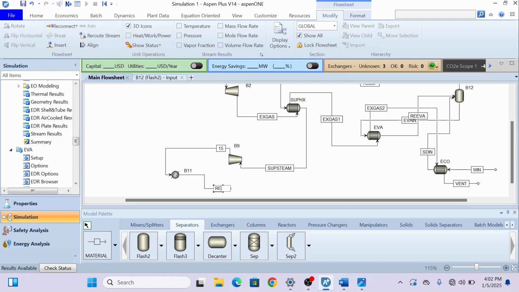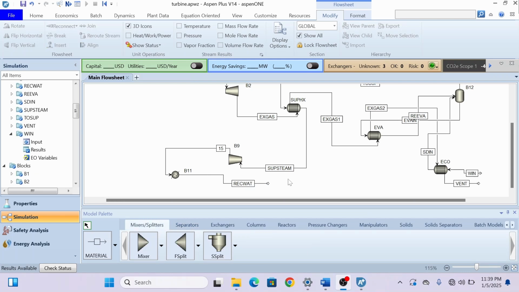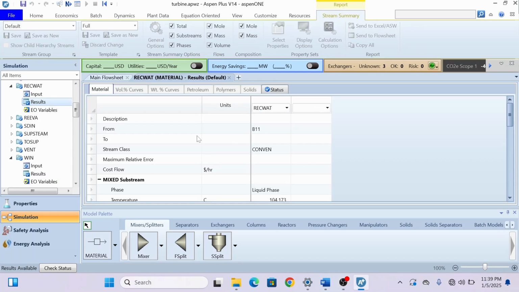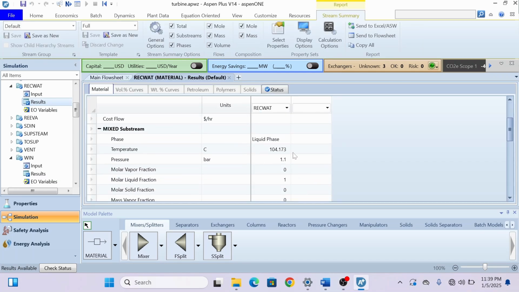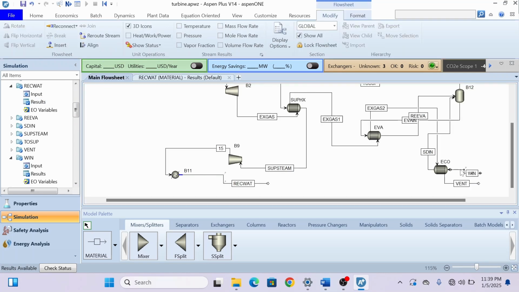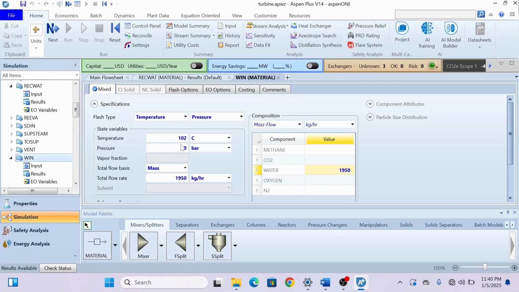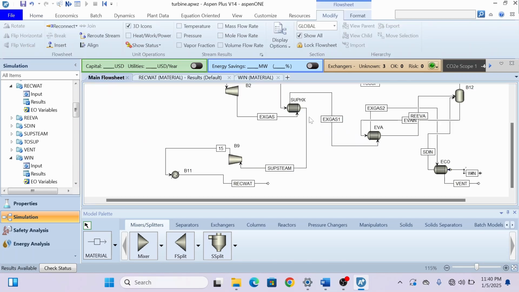So you can write recycle water. Now the last step is to recycle the stream back into this economizer. But if I double click on it, the stream pressure is 1.1 bar, but for the water inlet the pressure was 40 bar, and this 40 bar was the boiler feed water that is being used to produce the steam.